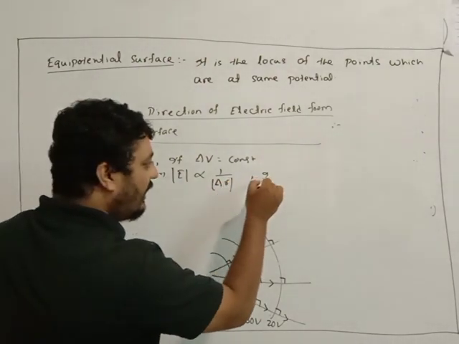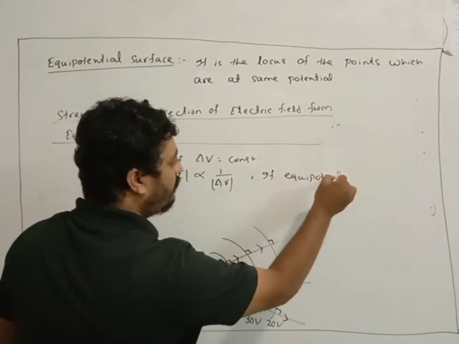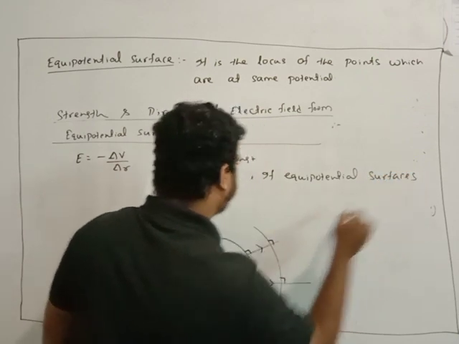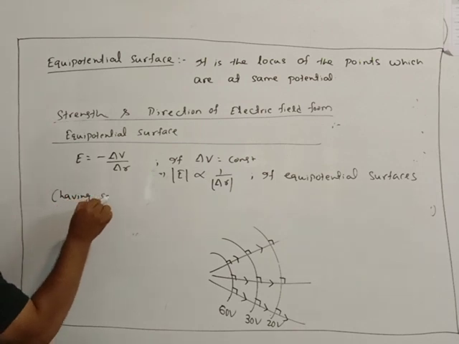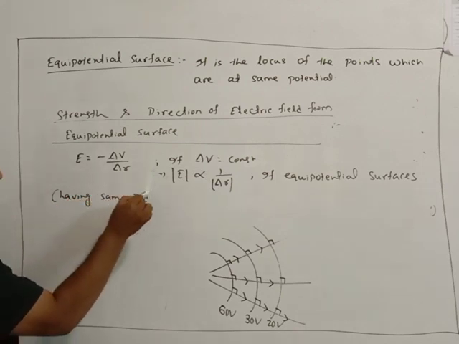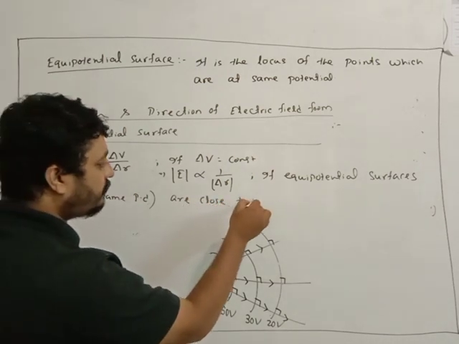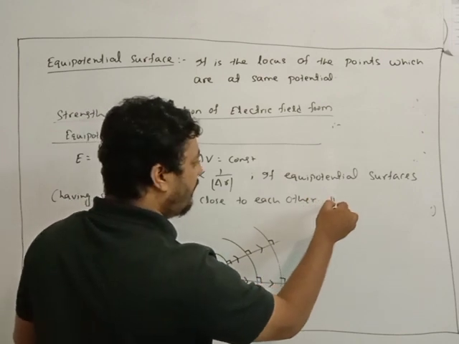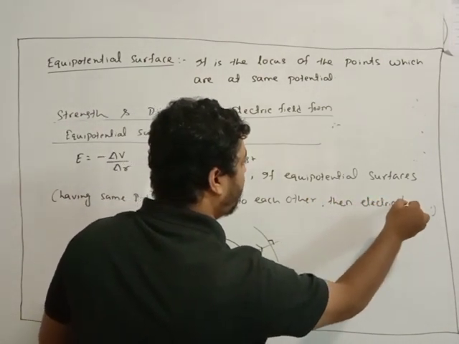So if equipotential surfaces having the same potential difference are close to each other, then electric field is stronger.